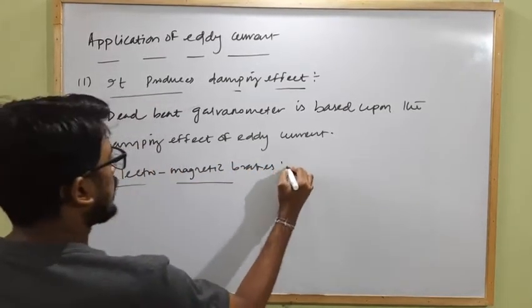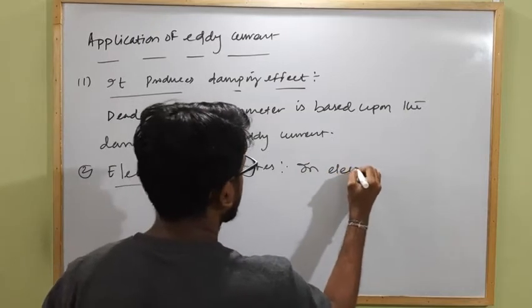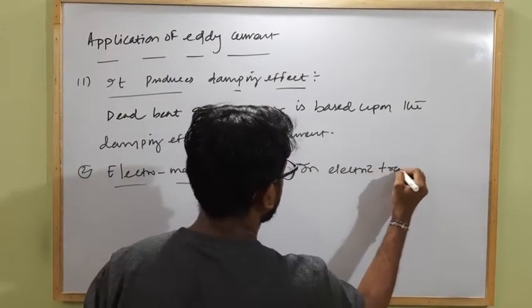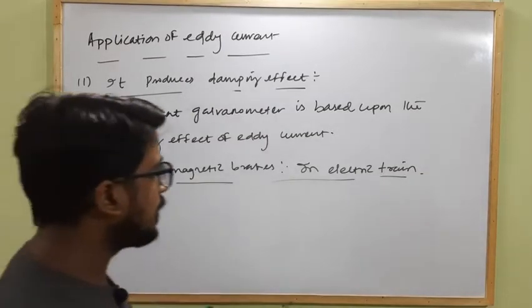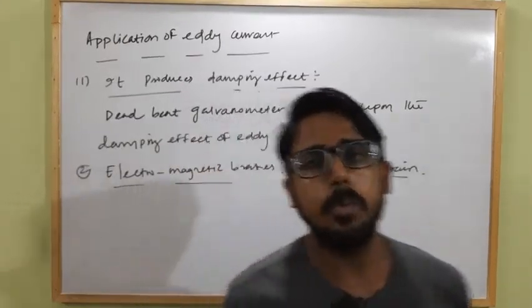In electric trains or high speed vehicles, we use electromagnetic brakes.